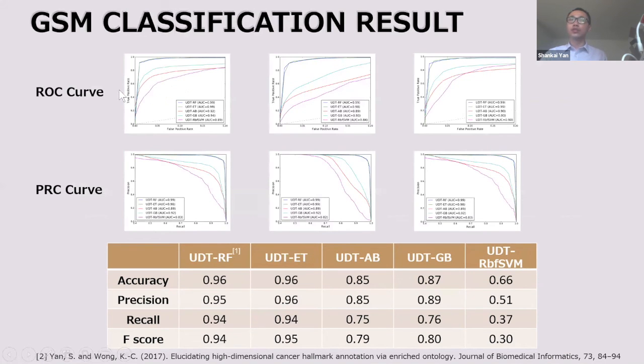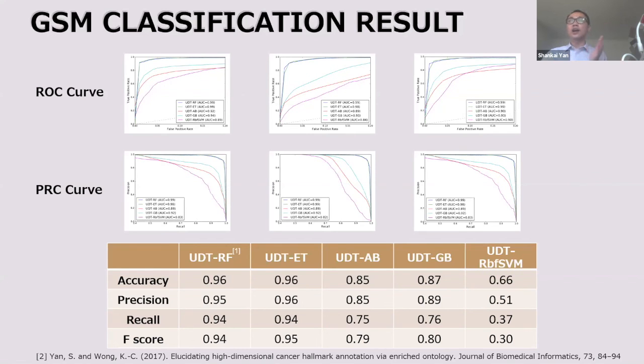And this is for the GSM, the sample classification. You can see that the samples have more similar documents, so it is much easier to get higher results here. So we separate into two categories, and then we use different approaches to do comparisons, and we choose the best results to conduct the downstream analysis.